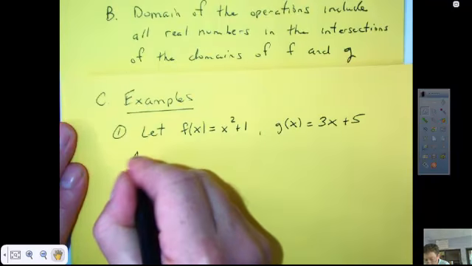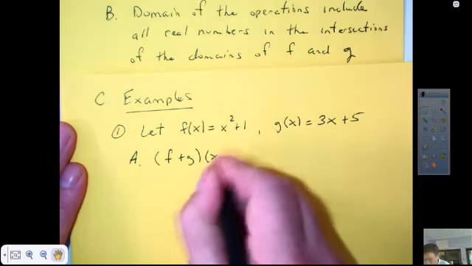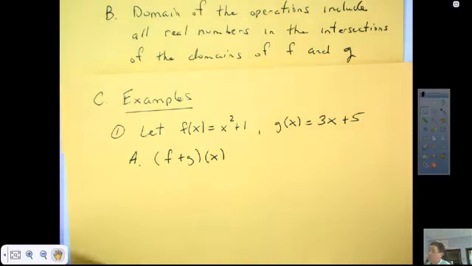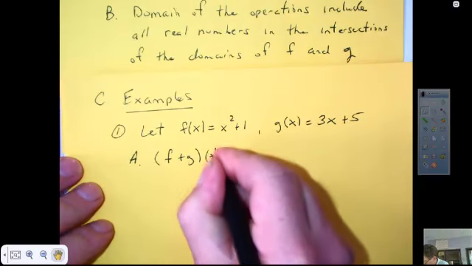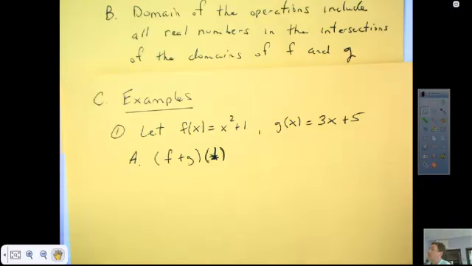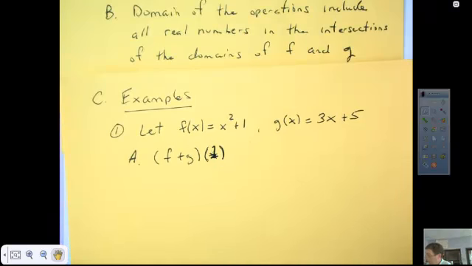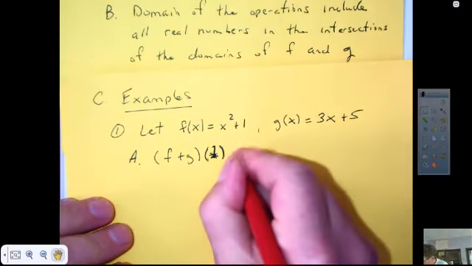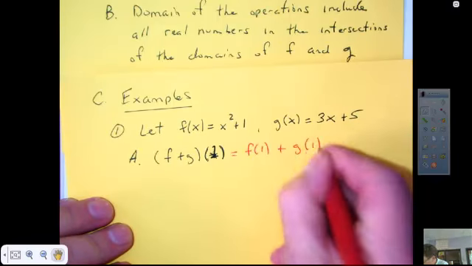And so A, let's find f plus g of, oh, not of x, I mean of 1. We'll put an actual real number in, a 1. As you know from the notation, that says let's find f of 1 plus g of 1. That's all that means.